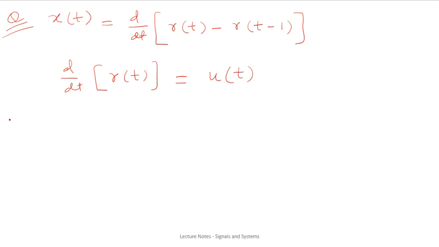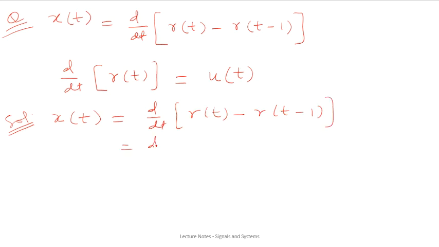So now let us start the solution for this problem. In the problem you have to obtain the derivative d by dt of this r(t) minus r(t minus 1).